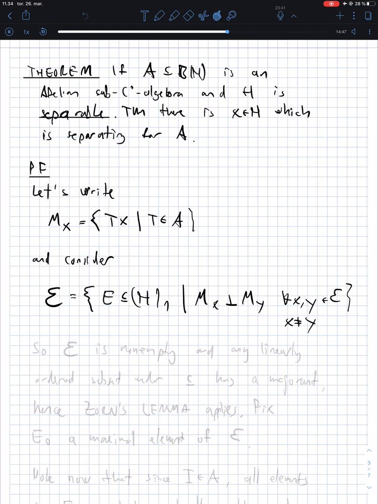And it's easy to see that E is non-empty, and any linearly ordered subset under set inclusion has a majorant. So hence Zorn's lemma applies.